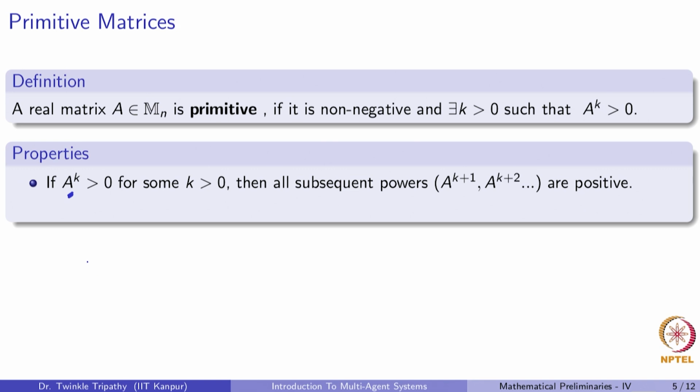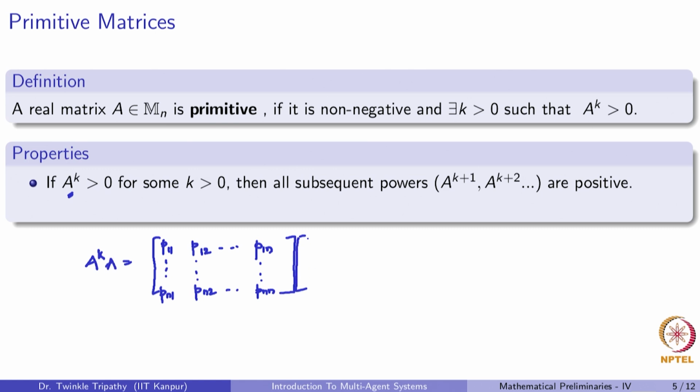Why? Let us see a quick example. Let us denote A raised to the power k with this, and let us multiply it with A itself.